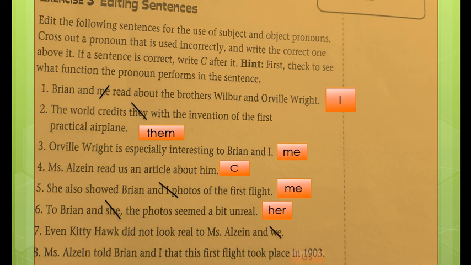Yes, and us. Okay, 8: Miss Elzin told Brian and me. But why me? Because this is the direct object. Okay, next.